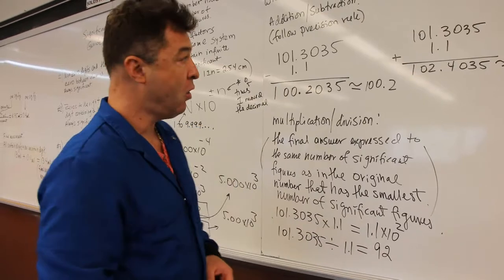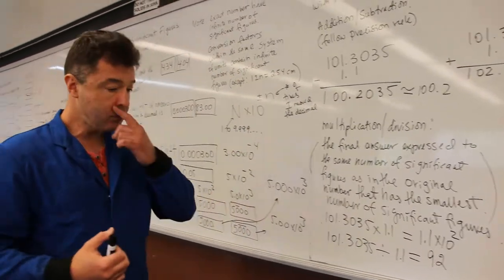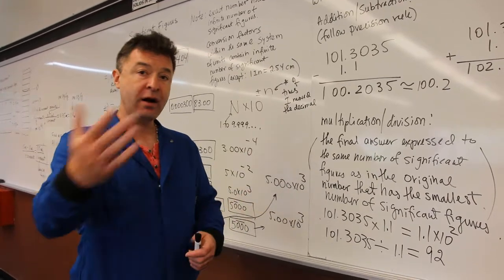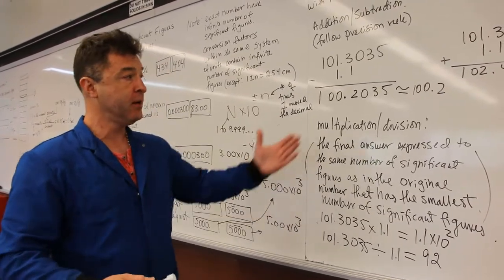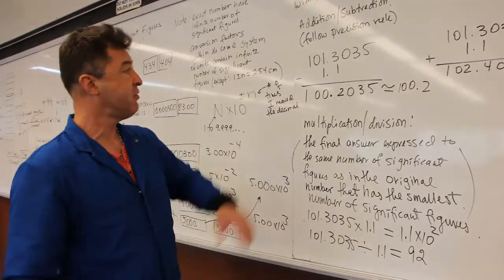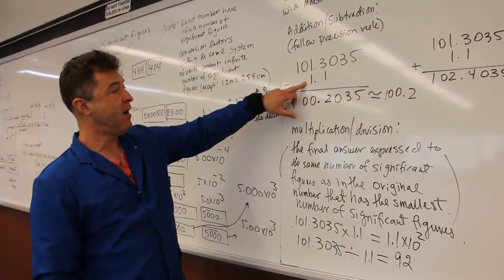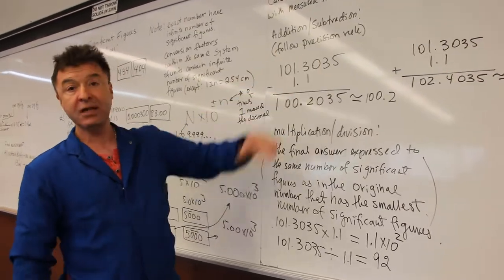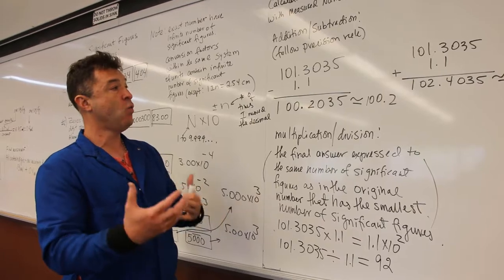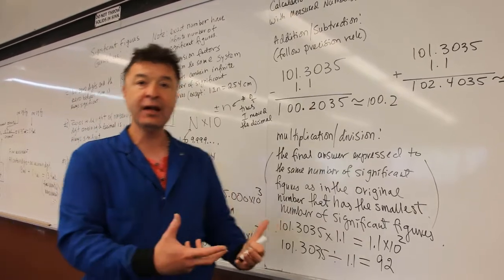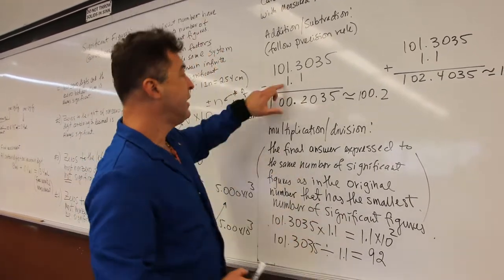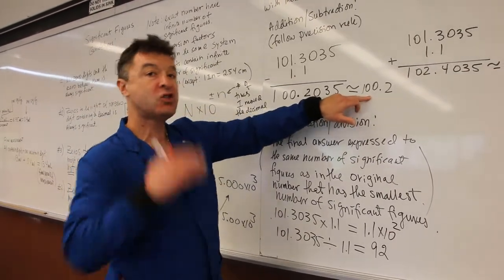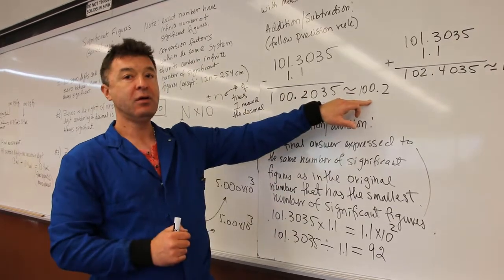So how do you express the final answer when you have an inferior device that only has 2 significant figures, where the other device has 7, so that the number does not have more certainty than it's supposed to have?